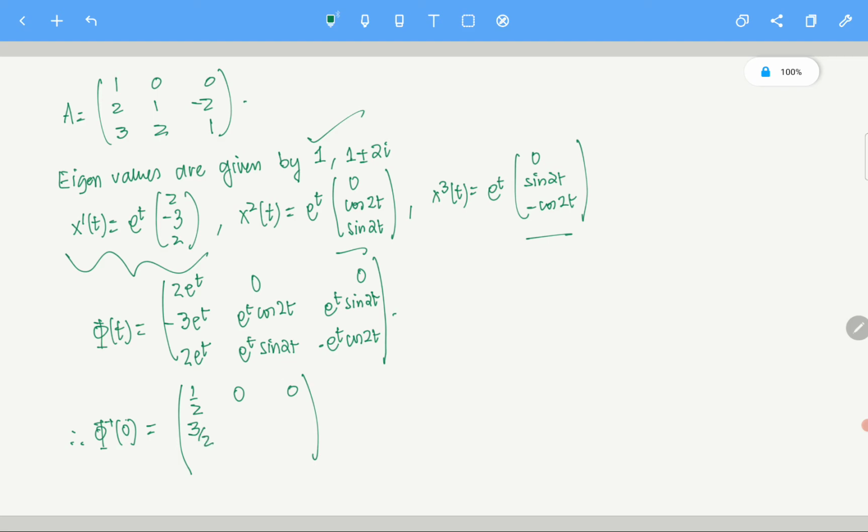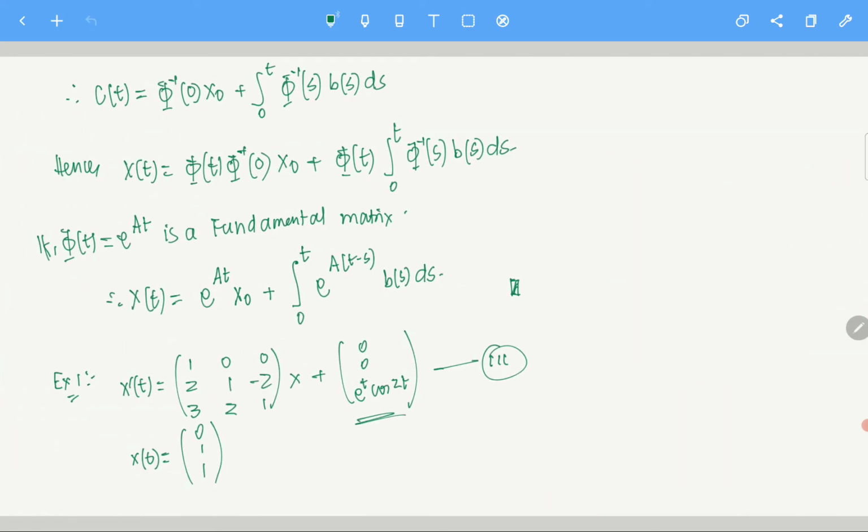1 0, again I am writing this one. There is nothing special going on here. Now you see what is happening. First thing first, I have to find e power at times x naught. So x of t looks like this: e power at times x naught plus this integral, which we also have to calculate.